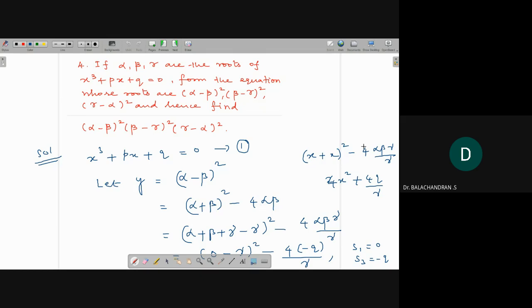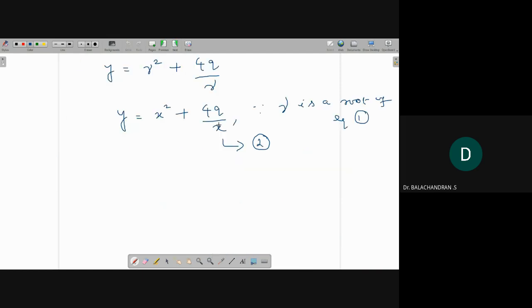What is the mistake if I am doing like this? Can anyone tell? Sir, both are same, sir. Both are same means here I have the relation y equal to 4x square plus 4q by gamma. But here I have x square plus 4q by x.